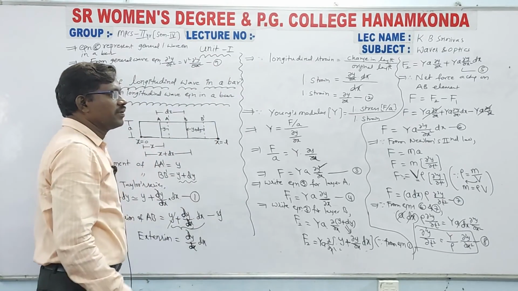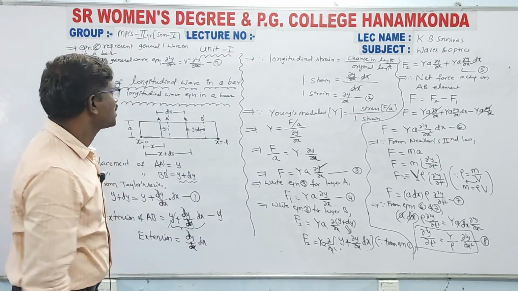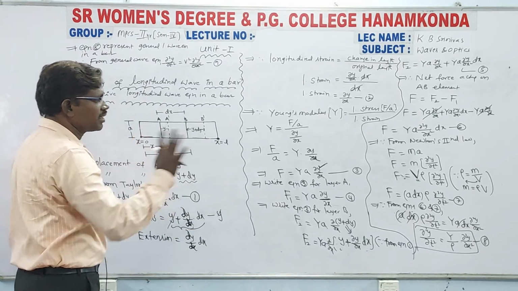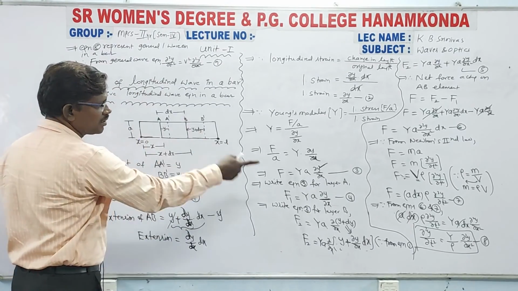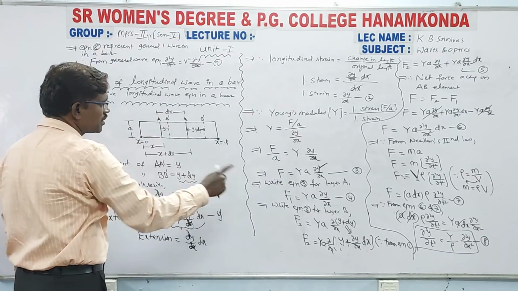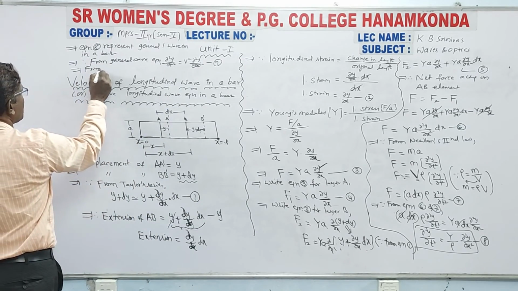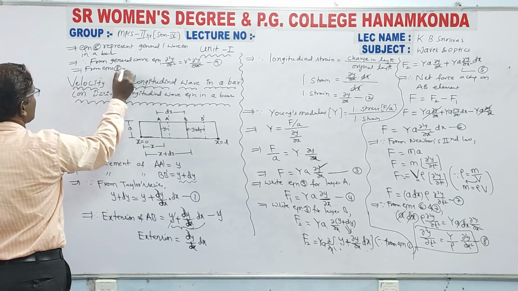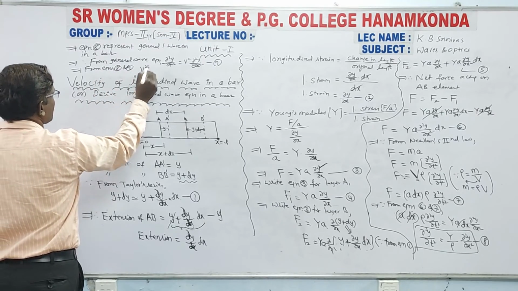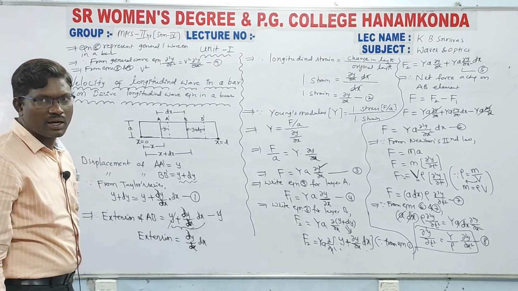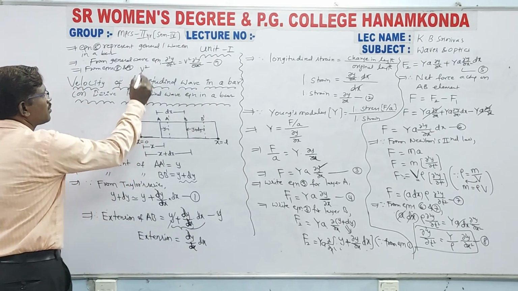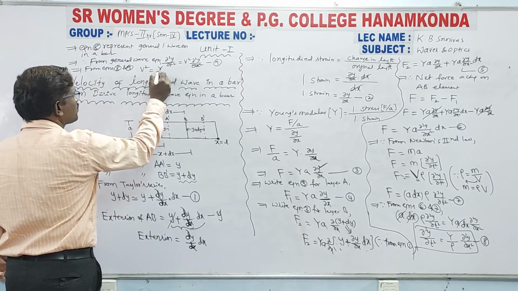Just compare equations 8 and 9. LHS are equal, so you can equate the RHS. So you can calculate the V value. How? V squared is equal to Y by rho.